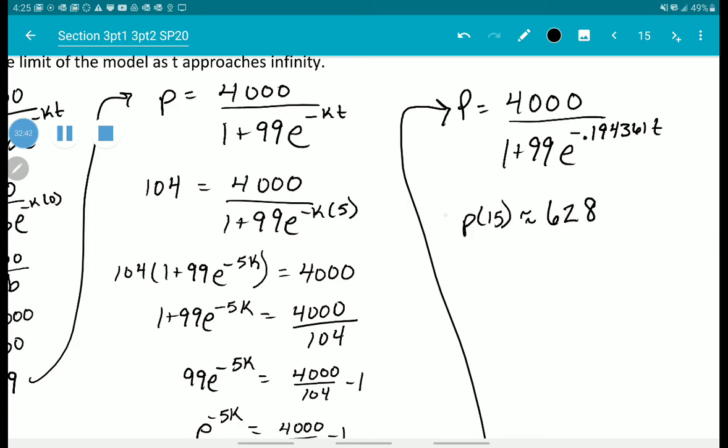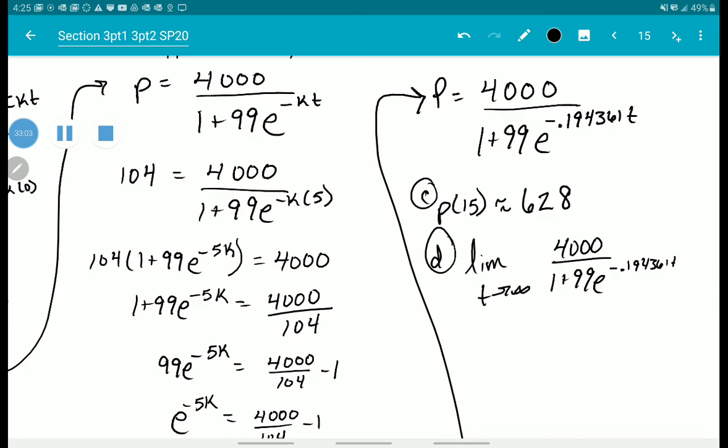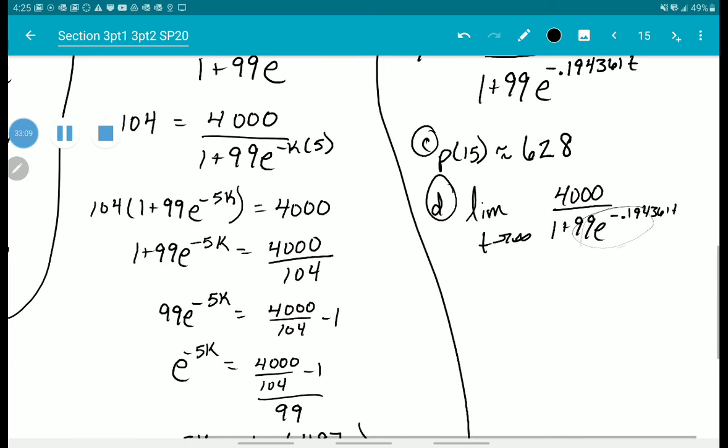And then D is asking for really the carrying capacity. What's happening as t goes to infinity? Well, as t goes to infinity, this term is getting smaller and smaller. So remember what that really means with that negative exponent.